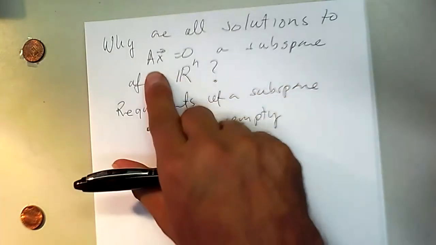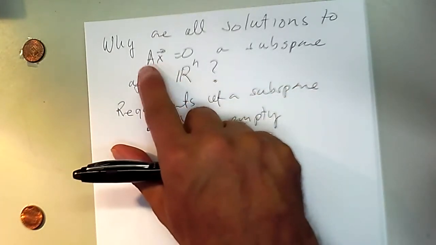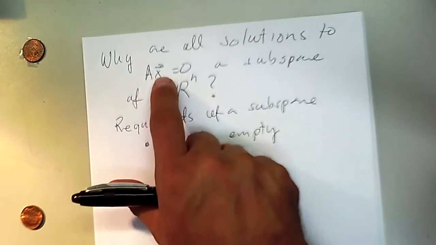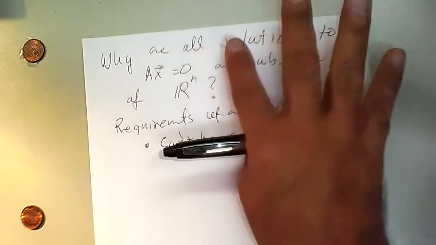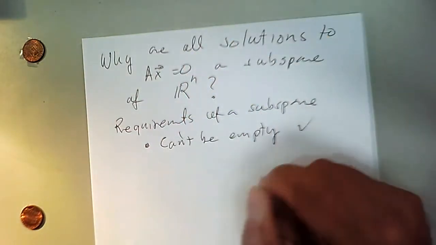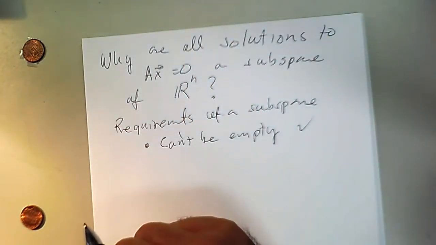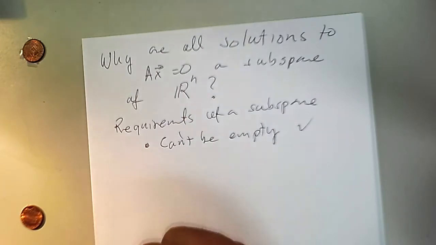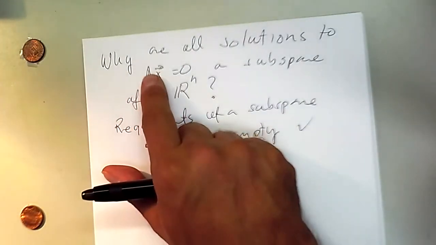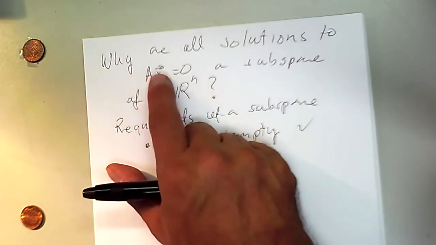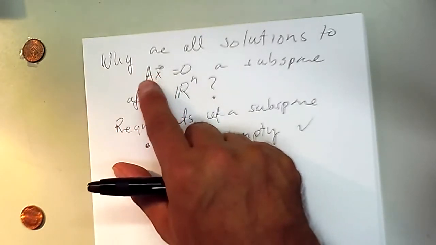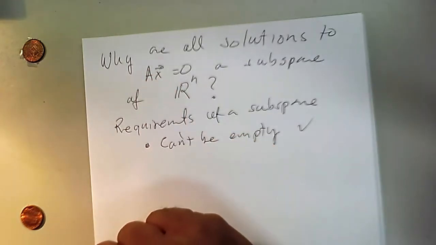Now, 0 always works. When you multiply a matrix times a vector 0, you get 0. So in this kind of equation, that always works. No matter how bad the A is, there's at least the solution. As long as the size is correct, and they will be the correct size, we'll always get that.